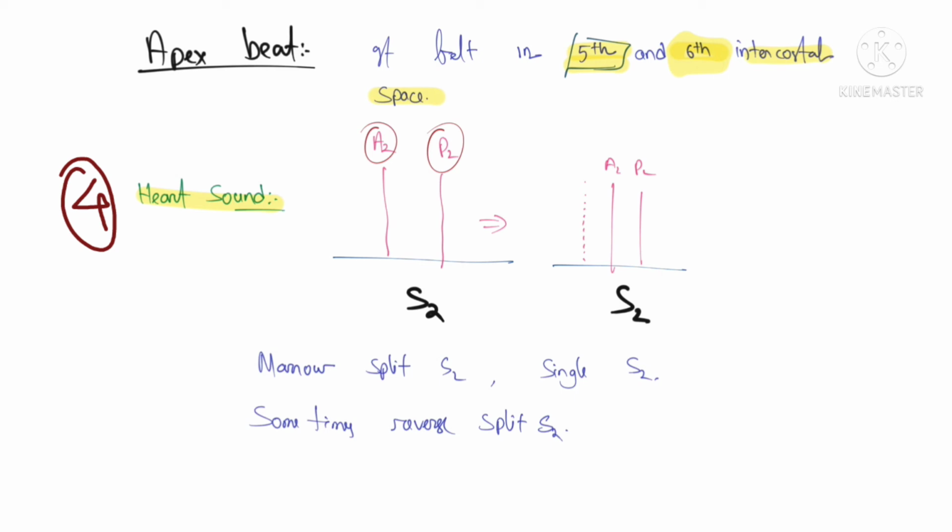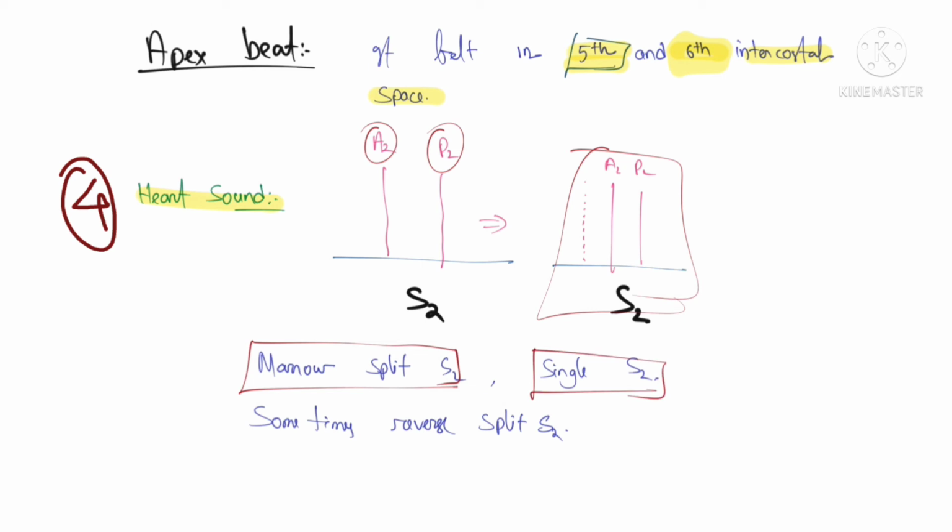This will cause a narrow split S2. Sometimes A2, the aortic valve, closes at the same time as the pulmonary valve. This will create a single S2. And in very severe conditions, when A2 closes after P2, this is called reverse split S2.